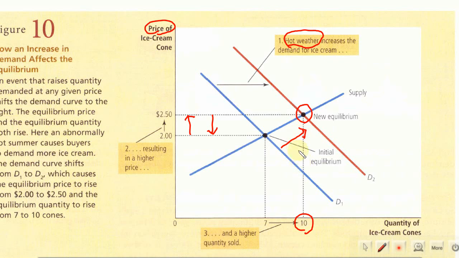It also goes in the same direction, up. Okay? Price goes up, demand goes up. Okay. Next, I have to correct my explanations.